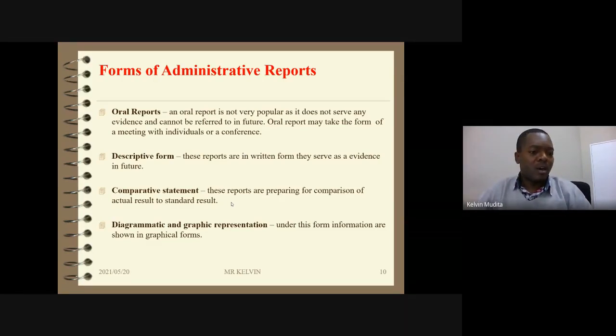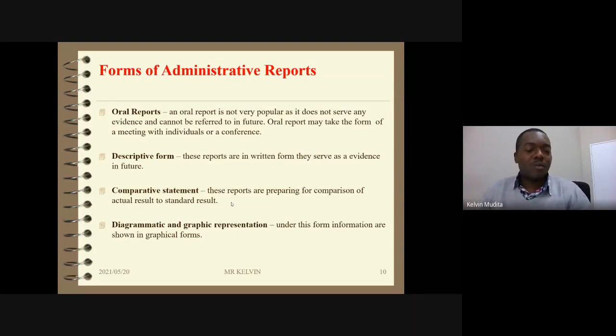We looked at disadvantages of oral communication, and the main disadvantage was that there is no form of evidence that remains. When I speak something and we do not document it, there's no documentation that the report is authentic, and we cannot go back and refer to those facts.